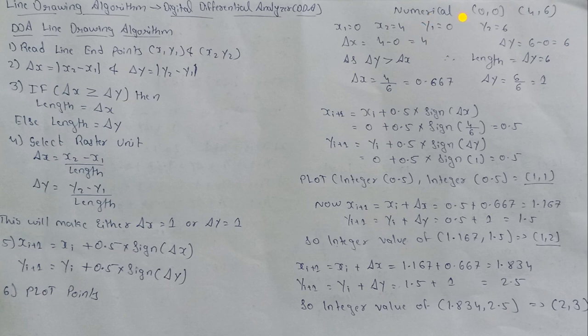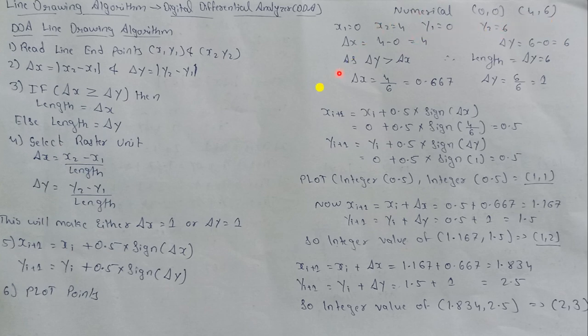So numerically, we have coordinate points 0, 0 and 4, 6, that is x1, y1, x2, y2. According to these coordinate points I have put them here: x1 is 0, y1 is also 0, x2 is 4 and y2 is 6.